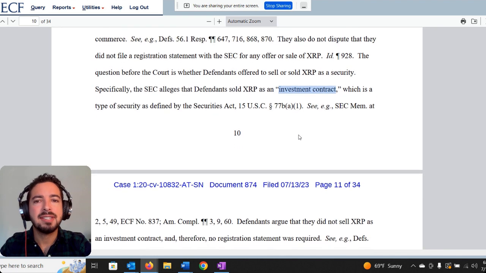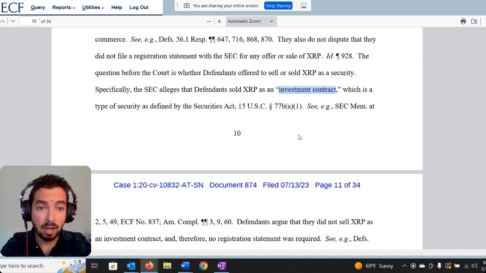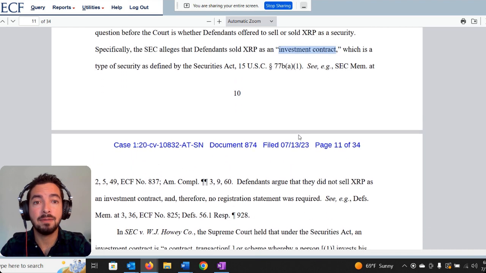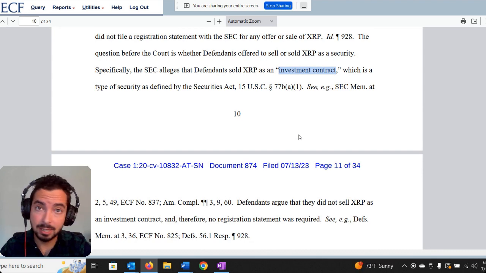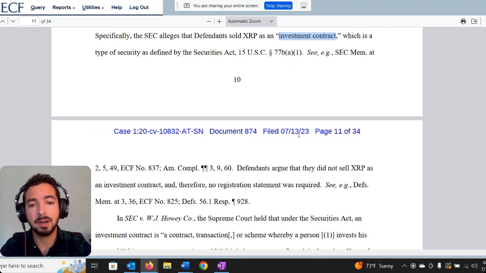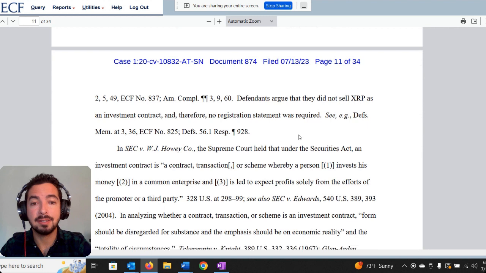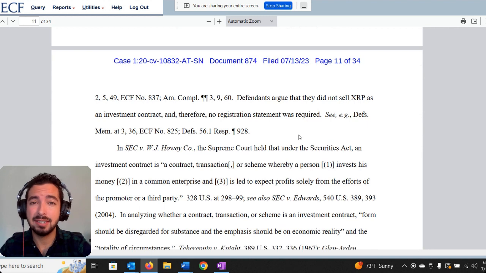So the SEC is saying that it's not just any security, it's a type of security called an investment contract. So now we're going to be finding out what is the definition of an investment contract, and does XRP meet that definition? That's really as simple as this case should be.